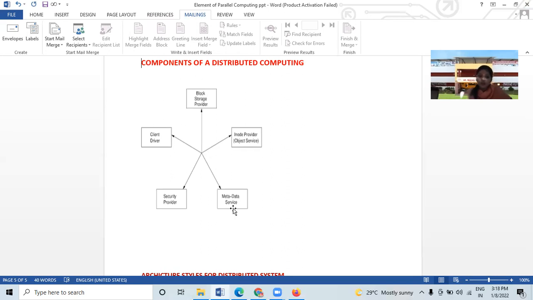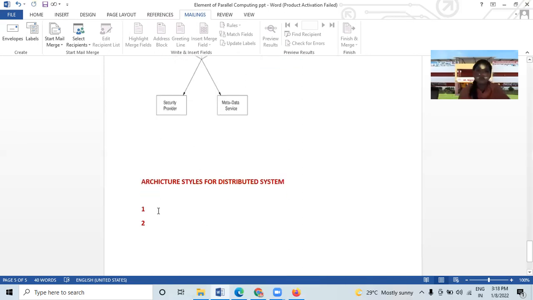So the architecture styles for the distributed system are software architecture and system architecture styles.